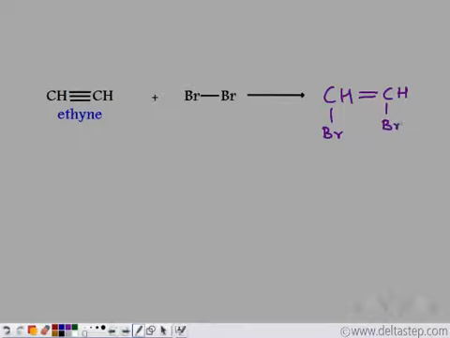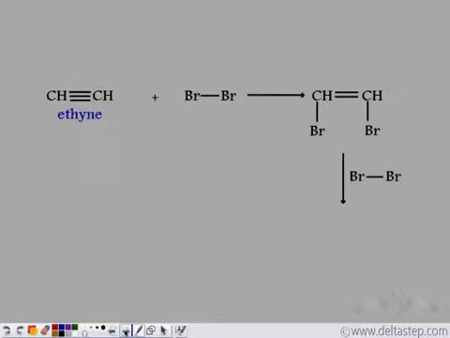So the alkyne first forms an alkene, and in the second step, the double bond breaks into a single bond. So the saturation of an alkyne takes place in two steps.